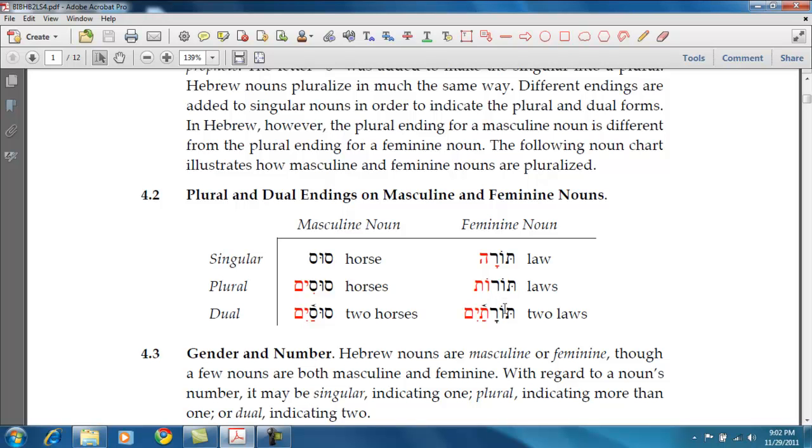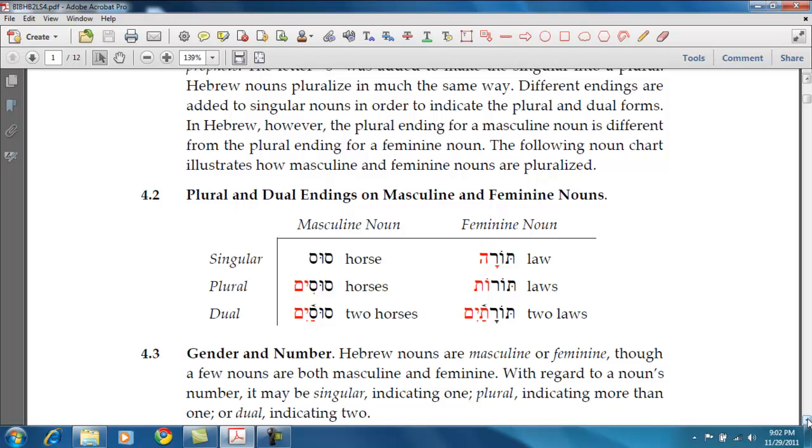And if you want to make two laws, then we would take the qamets hey, the hey drops out, and the Tav takes its place, and you have Torotayim. Torotayim. The hey drops out, the Tav takes its place, and you have the same endings, the Patach, Hireq Yod, Mem Sofit, or final Mem endings here.